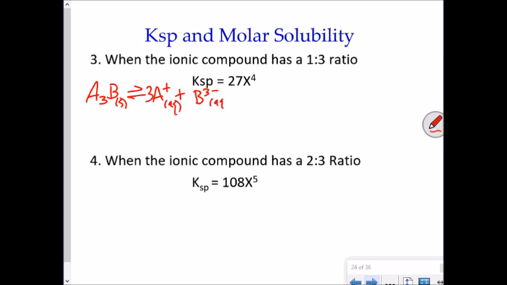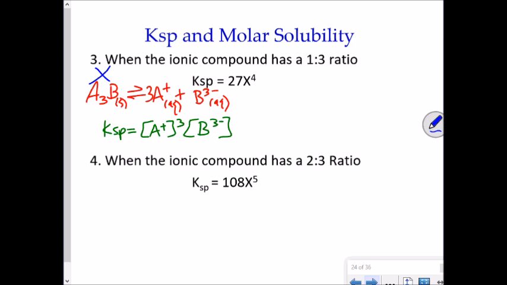So this time I'm making the cation be the singular one. So then Ksp would be A raised to the third, B3 minus, and once again our molar solubility here, x, right?